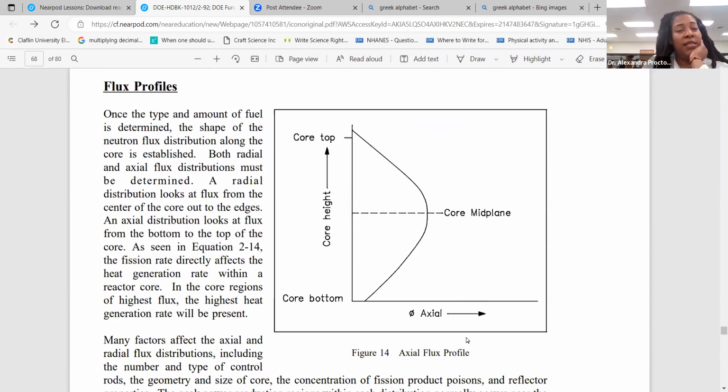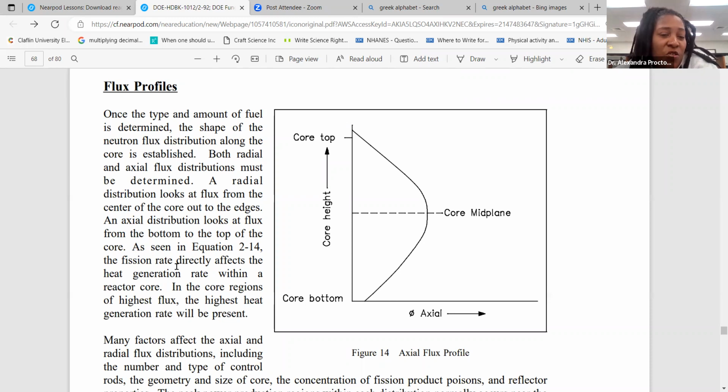So once the type and the amount of fuel is determined, the shape of the neutron flux distribution along the core is established. Both radial and axial flux distributions must be determined. A radial distribution looks at flux from the center of the core out to the edges.